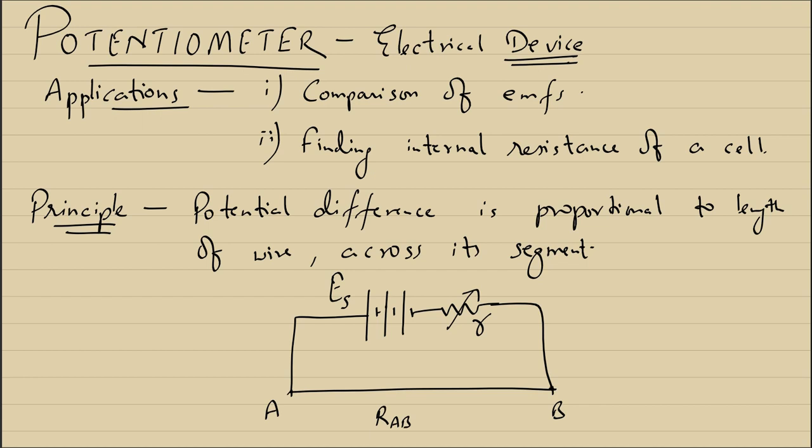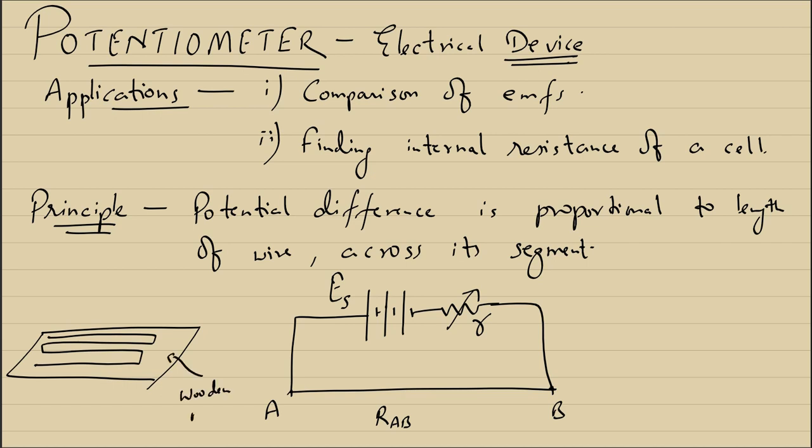If you have done this particular experiment in the lab, then you must have seen a device like this. The wire is wound on a wooden box like this. It is a wooden box, and this is the potentiometer wire, which I have shown here in the circuit diagram with a single wire AB.